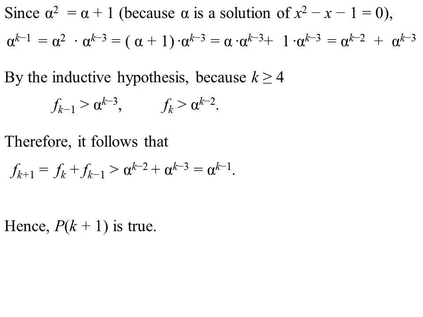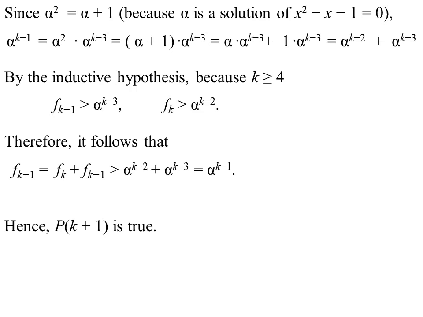Here alpha, which we have taken as (1 plus root 5) whole divided by 2, is one of the roots of the equation x square minus x minus 1 equal to 0.